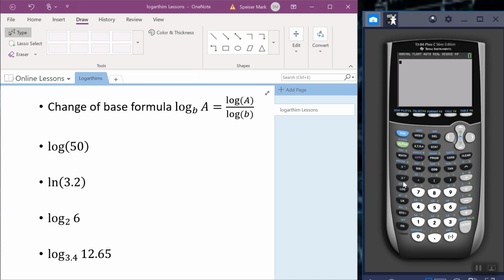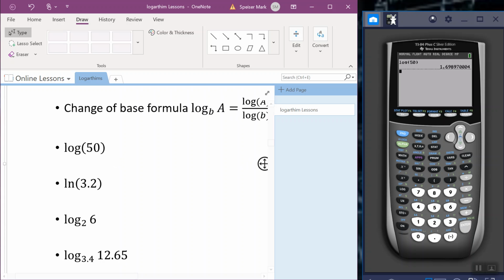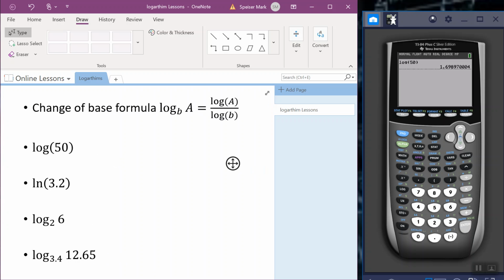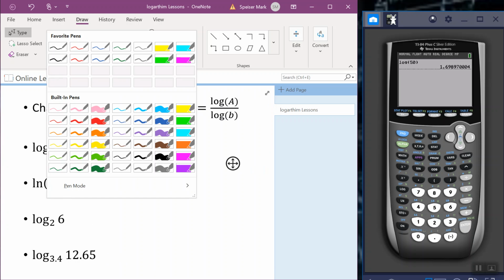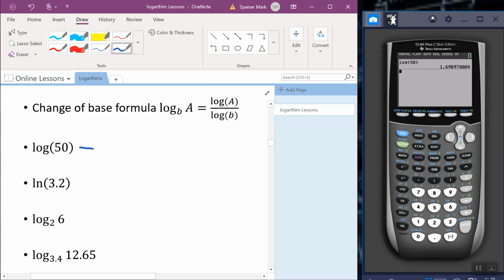You just type in log 50 and round your answer to the nearest thousandth. 1.699. The log of 50 is approximately 1.699.